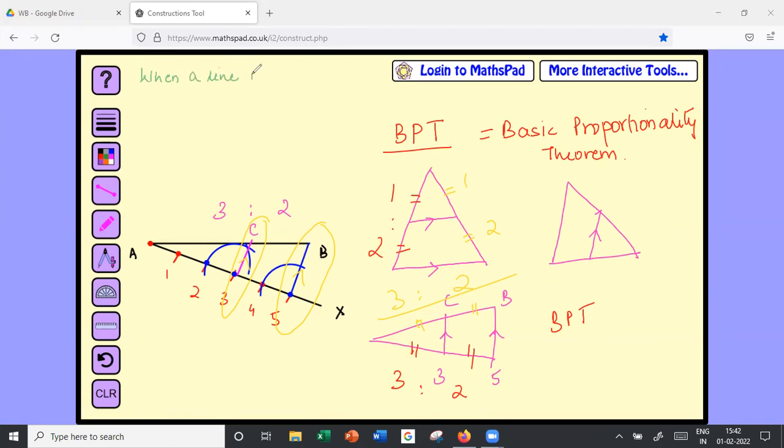When a line is drawn parallel to any one side of a triangle to intersect the other two sides at distinct points, then the other two sides are divided in the same ratio.